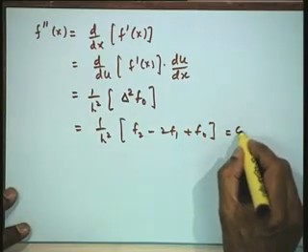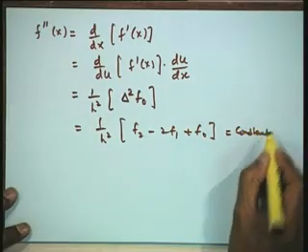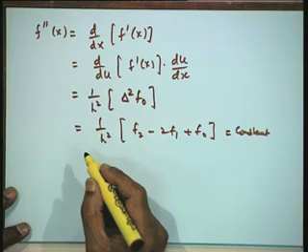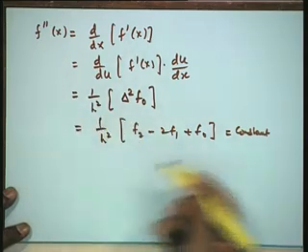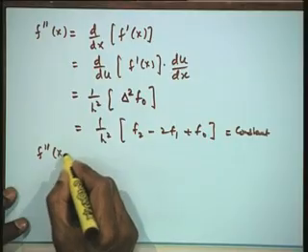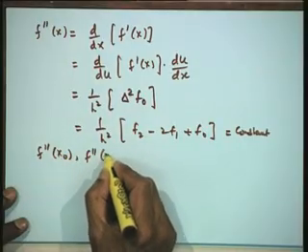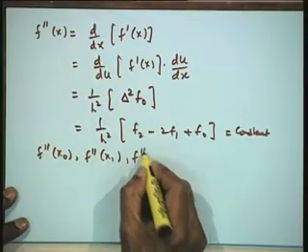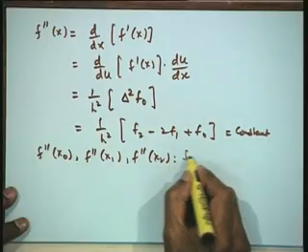Obviously, this is a constant because we have taken a quadratic polynomial, differentiated 2 times, and therefore, we will get a constant. Therefore, the second derivative at all the 3 points, in fact at every point in the interval, are the same.